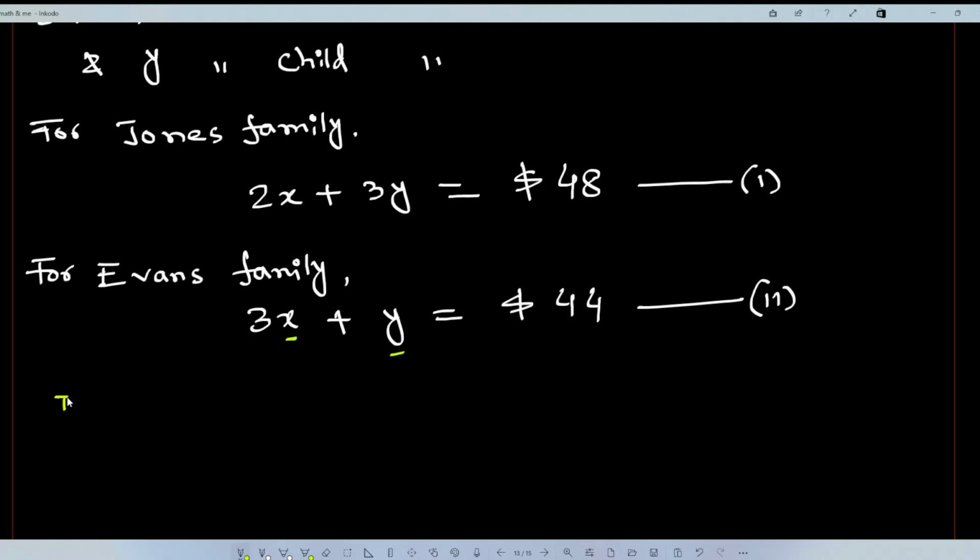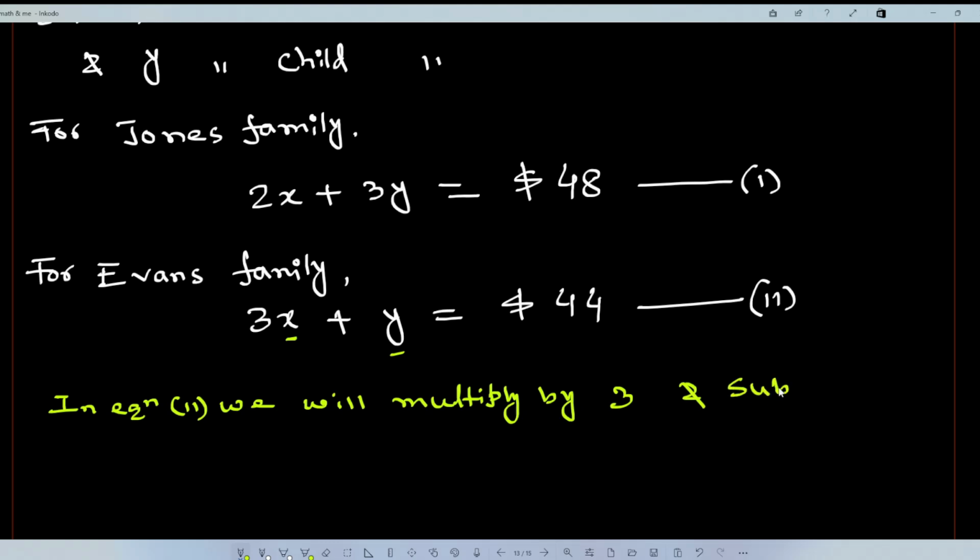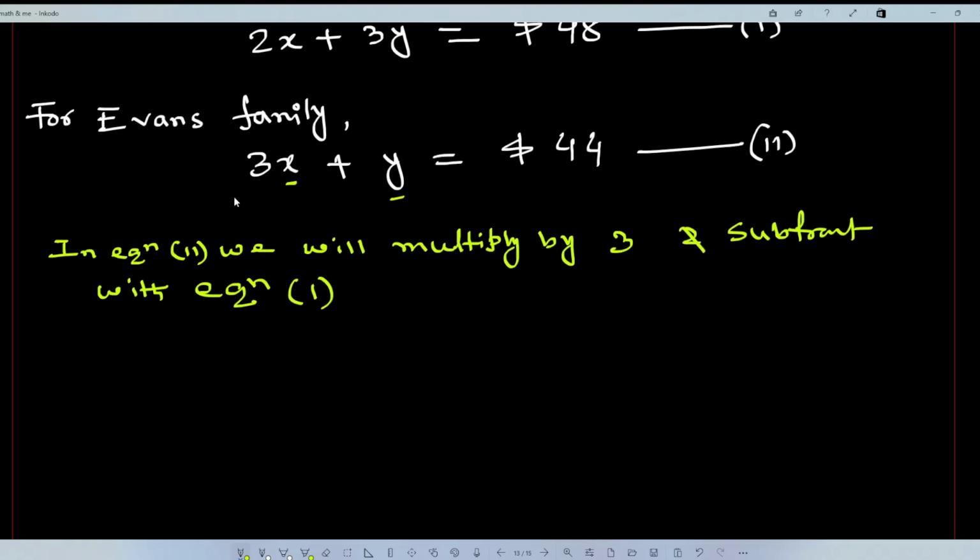In equation 2, we will multiply by 3 and subtract with equation 1.